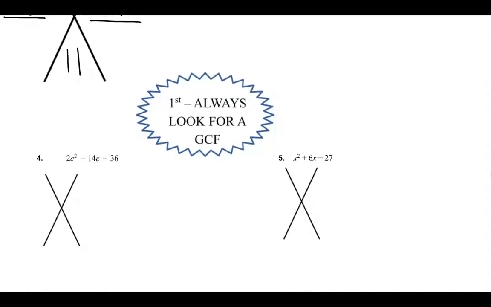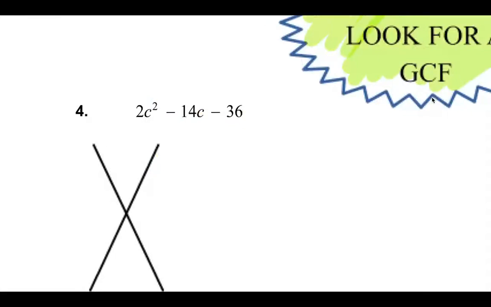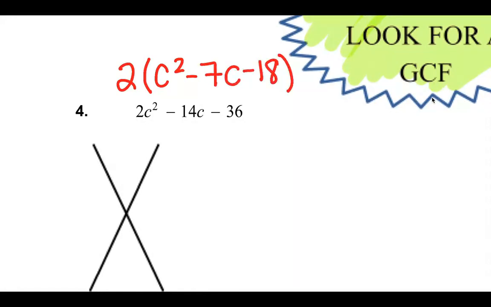So far, so good. Always look and see if there's a GCF that you can take out of your trinomial first. If I look at number 4, I notice I can take a 2 out of everything. So it would really be c squared minus 7c minus 18 as the new trinomial. When we're doing this, all I want you to look at is this part.